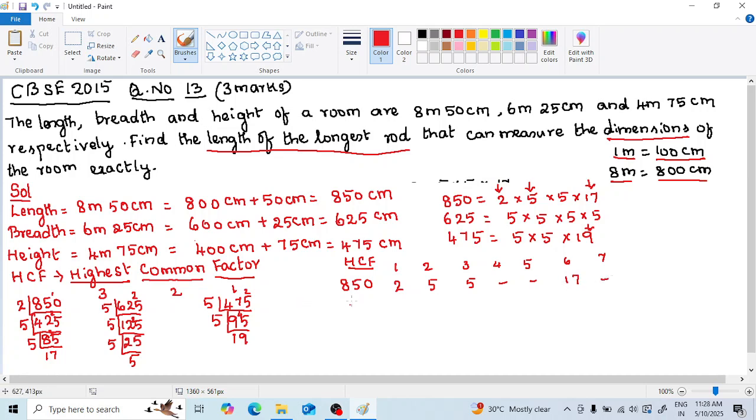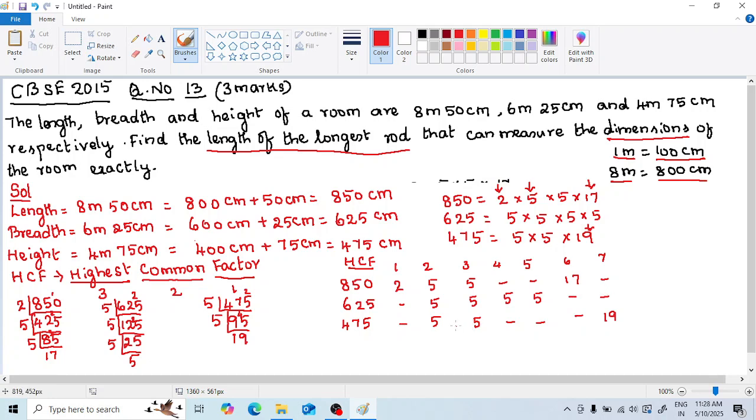Then 625: no 2 is there, and 5 occurs 4 times. Then for 475: no 2 is there, 5 occurs 2 times and 19 occurs one time. All the remaining terms are dashes.